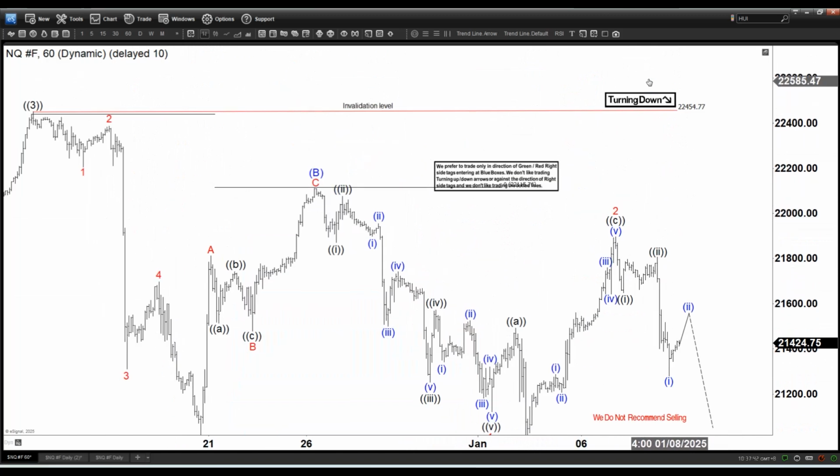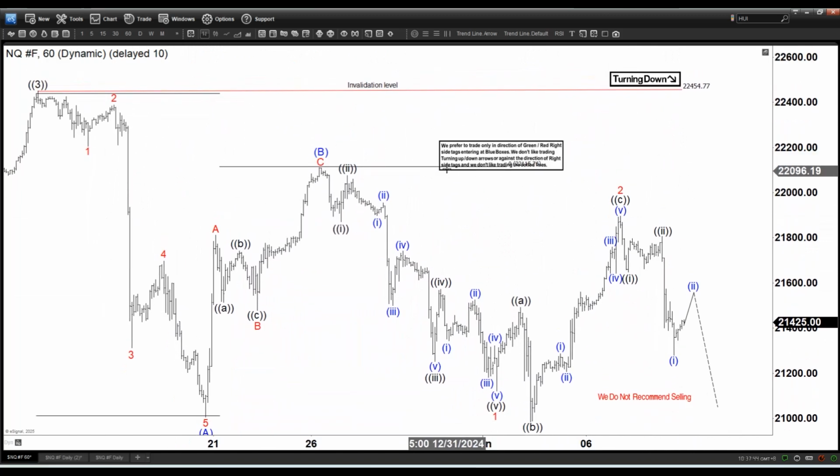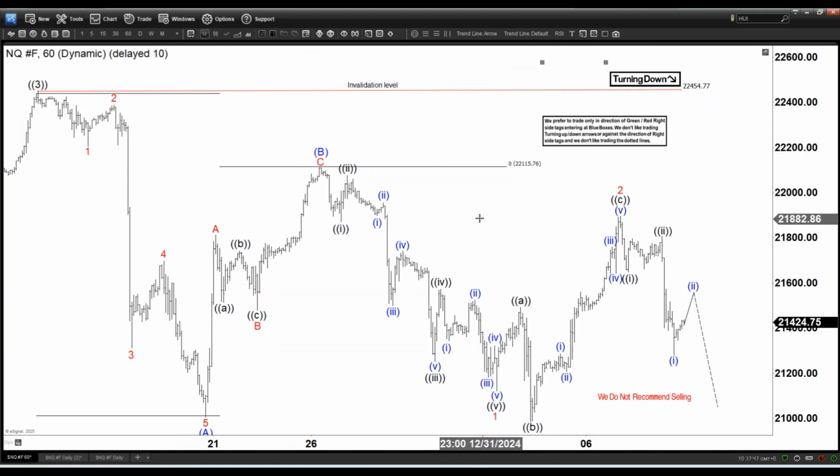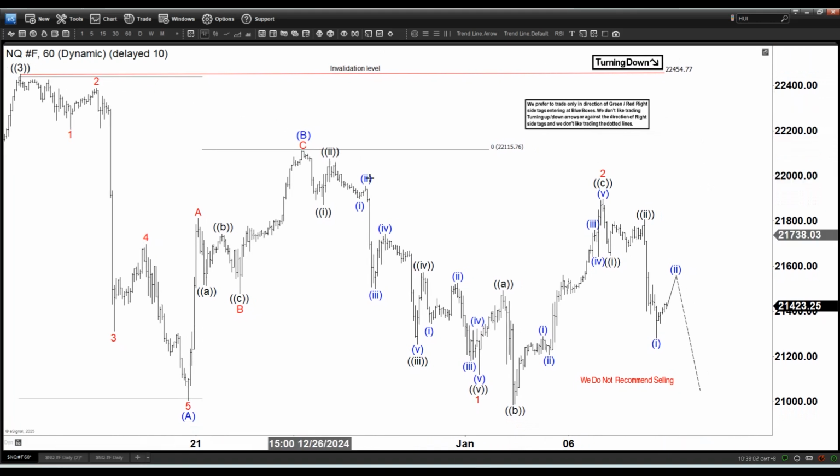Now you can see the arrow is turning down, because indices have been bullish since 2020, guys. Since 2020 it has been bullish. So there is no point in trying to be a hero, trying to pick a major top or anything, as it should still remain bullish.